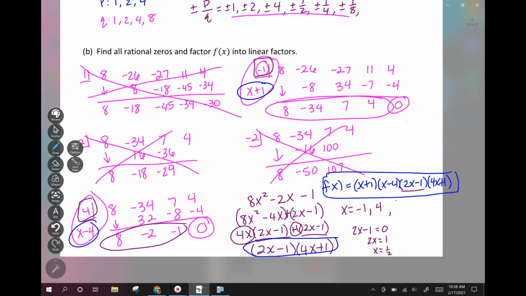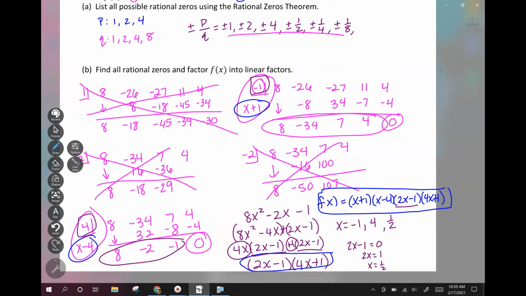So x equals 1/2, which is on our list up here. We could have gotten it if we had kept going. And then my 4x plus 1 equals 0 gives me x equals -1/4, which again is on our list up here. Okay, so those are the zeros.